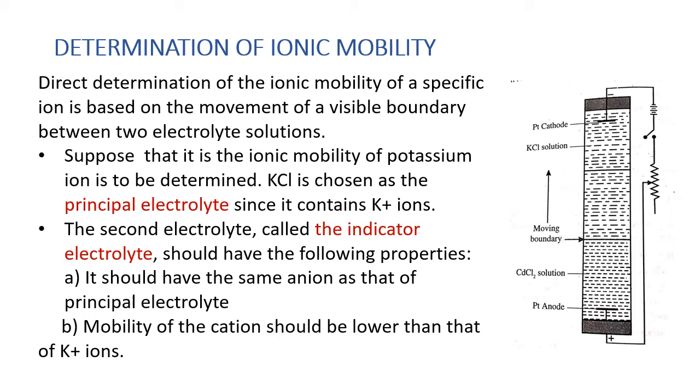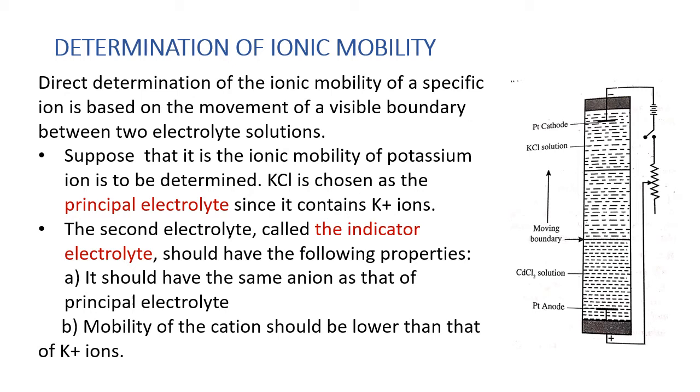Cadmium chloride is taken, then KCl is taken above it, and since cadmium chloride is denser compared to KCl, KCl floats on cadmium chloride, and you can see distinct separation between the two electrolyte solutions, and this is the boundary between the two electrolyte solutions.